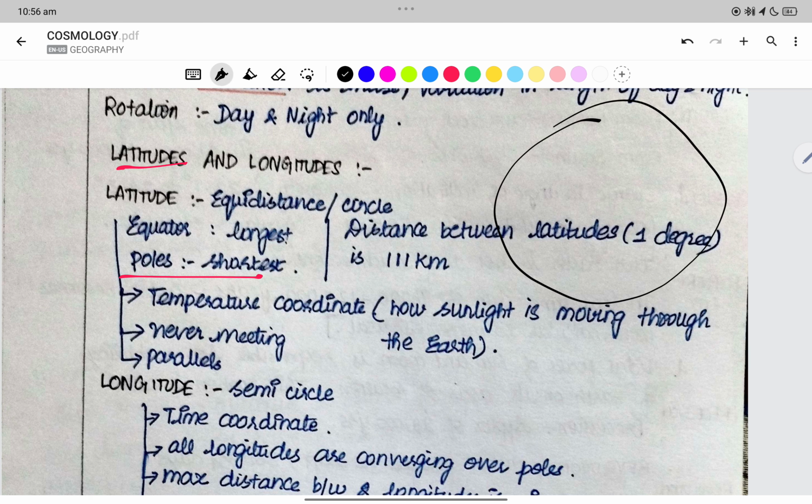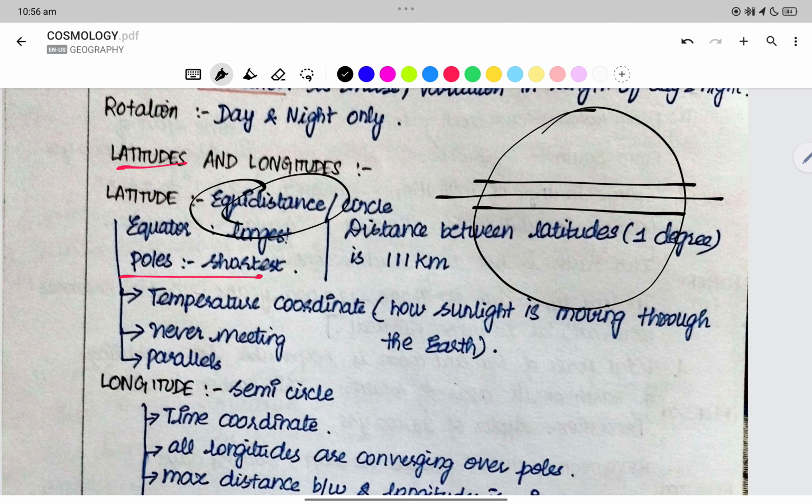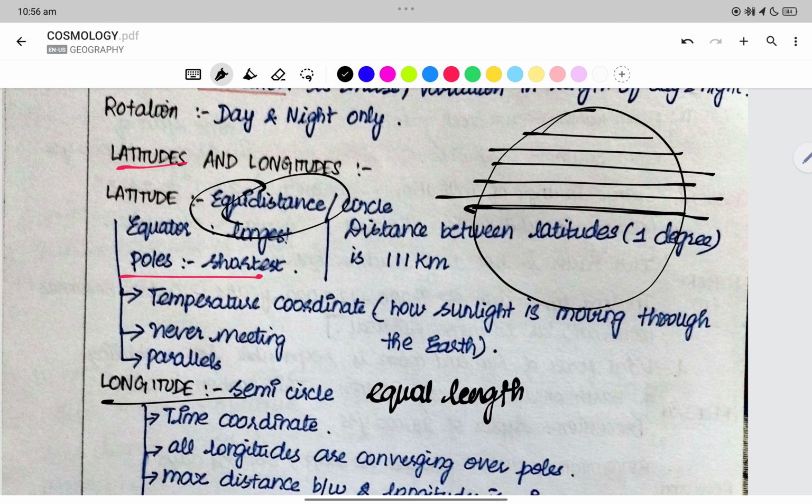Now when we are looking at the latitudes, 0 degree, 1 degree. 1 degree is the distance between two latitudes, equidistance, whereas longitudes are equal length. Now see here, this is big, while decreasing in size as it moves towards the poles, right?